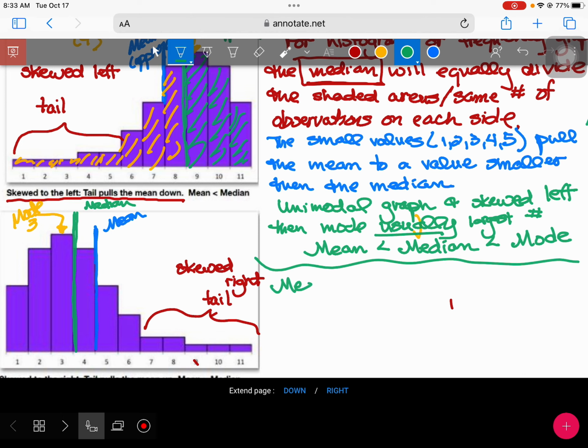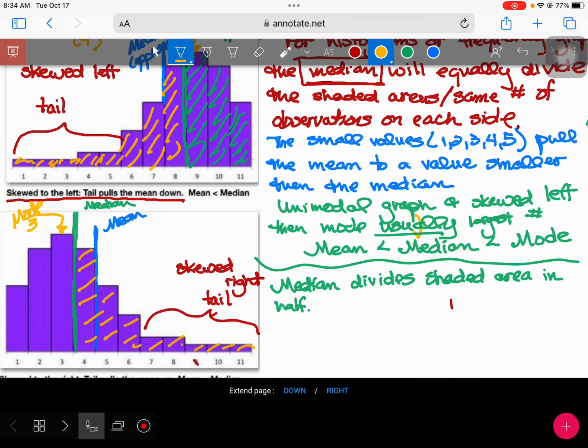The median divides the shaded areas in half, meaning you should have to the right of the median, this area in yellow should be about the same as this area on the other side in blue. Okay, that's what the median does. It's the middle, so you should have equal amounts of area on both sides. Okay.